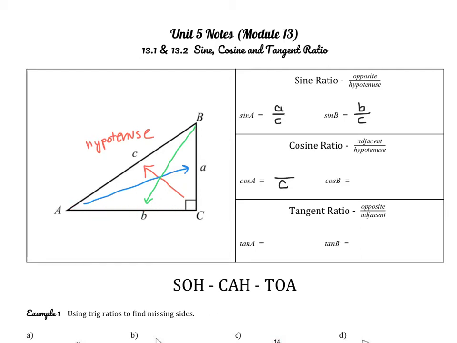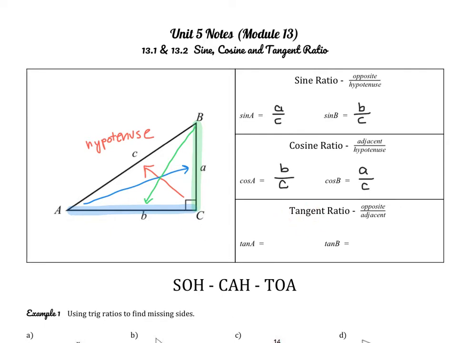The side that is touching angle A is side B. So it's actually B over C for my cosine ratio. If I'm doing the cosine of angle B, the hypotenuse is again C, but the side adjacent to angle B is side A. Again, it's adjacent over hypotenuse.